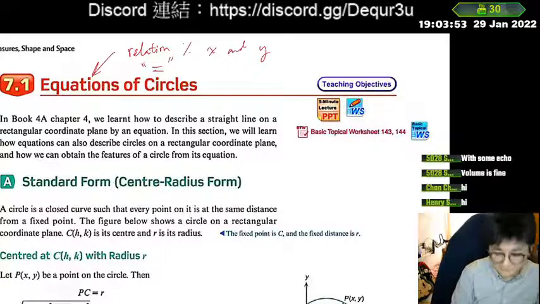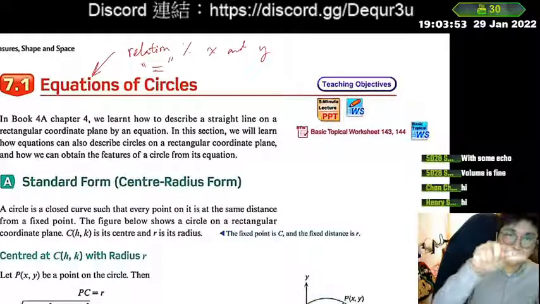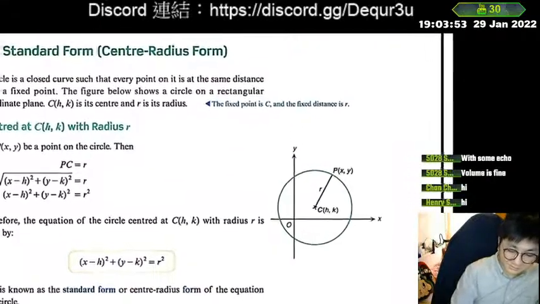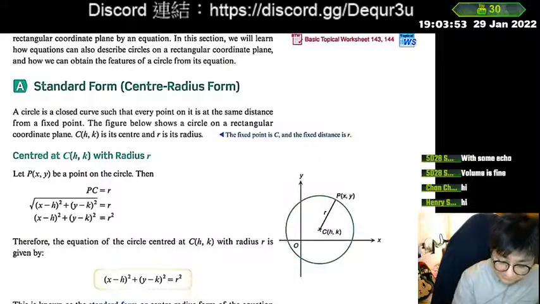Okay, so then we start from the meaning of a circle. A circle simply means that there is a fixed point in the middle, called the center. And if from the fixed point center we go a fixed distance, that is called the radius.